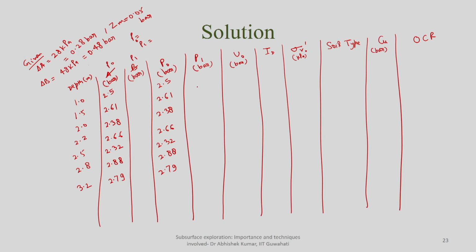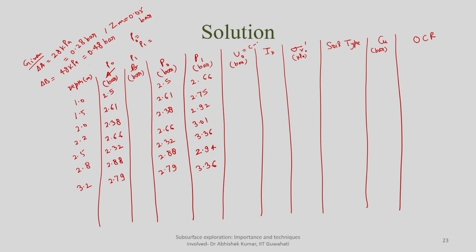Then the P1 values will be 2.66, 2.75, 2.92, 3.01, 3.36, 2.94, 3.36. The value of U naught, we have already discussed the formula, so put those values here.